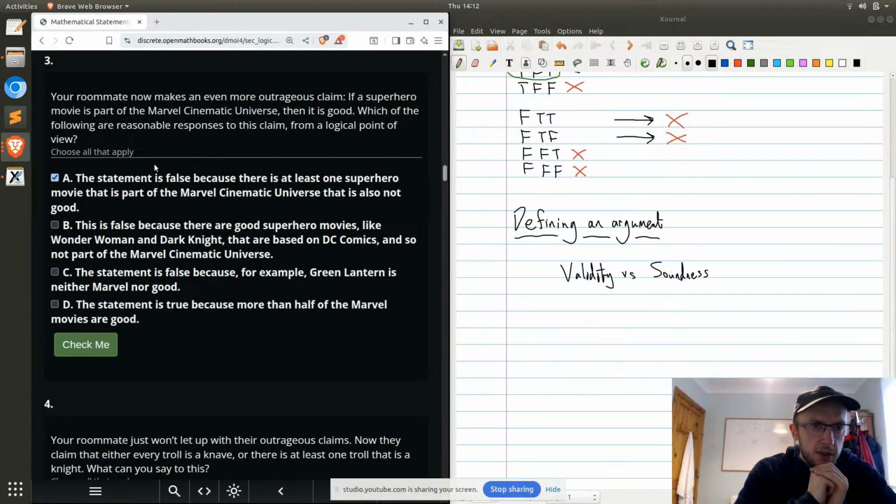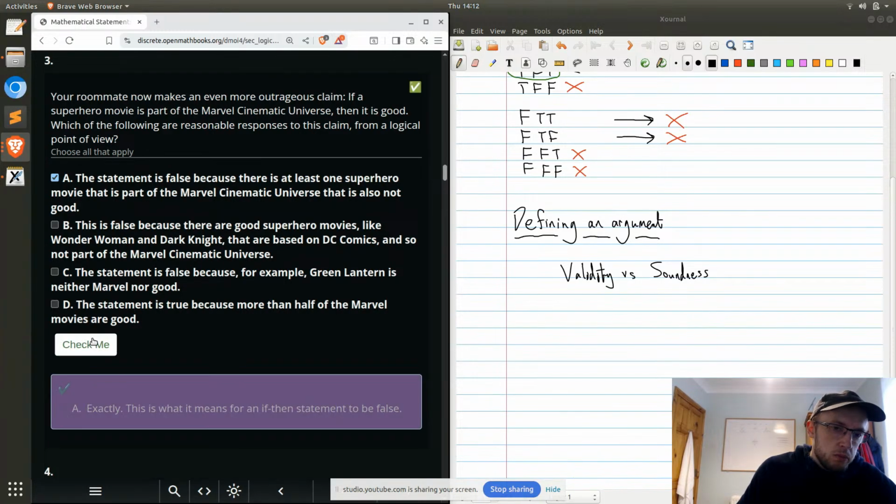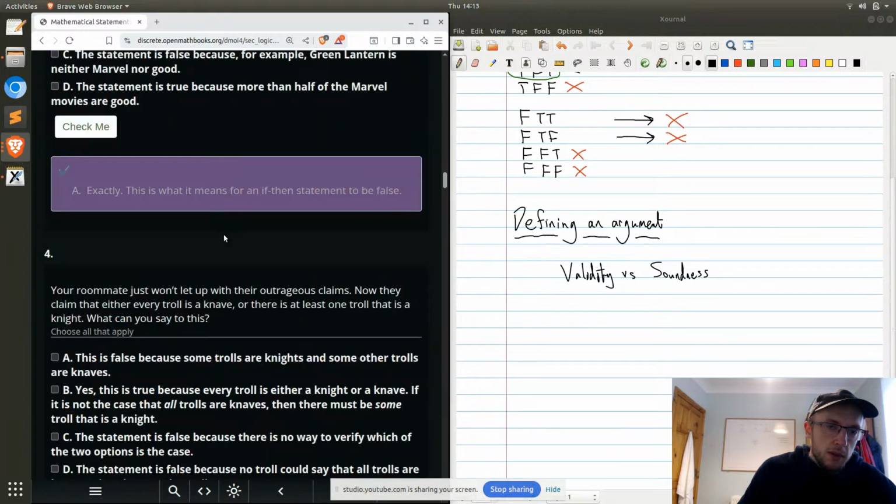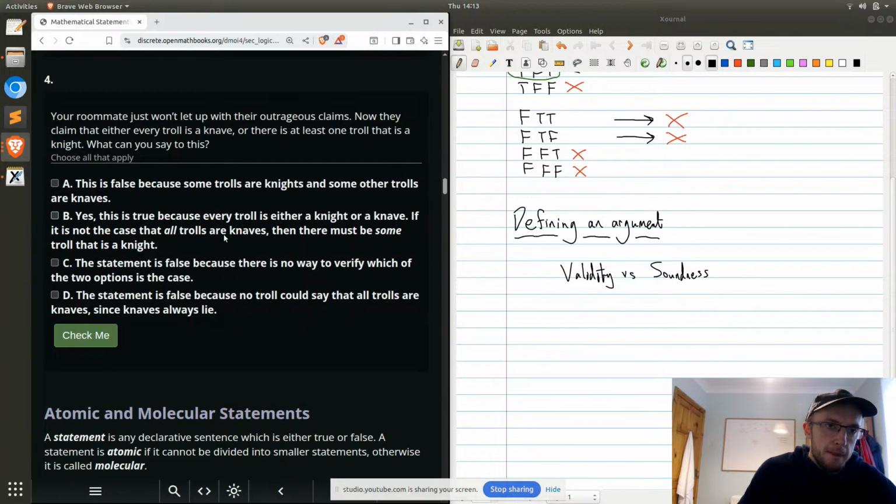No, because it's making a claim about superhero movies that are part of the Marvel Cinematic Universe. And D, the statement is true because more than half of the Marvel movies are good. Okay, so that one I got right. It was statement A.